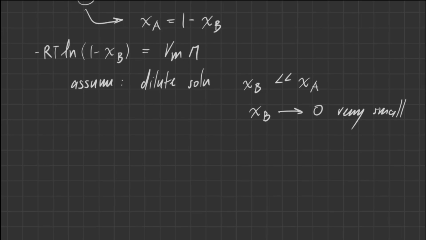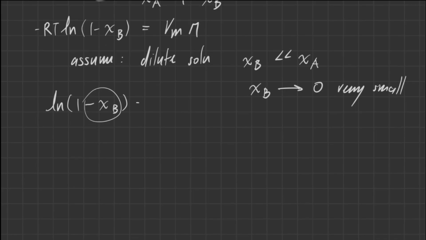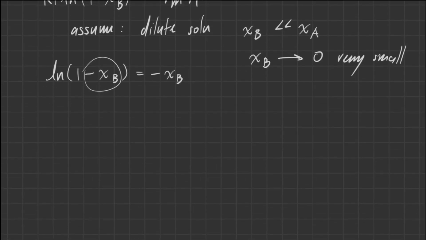So the approximation that we make here, that xB approaches 0, allows us to make the approximation that the natural log of 1 minus a really small number is going to be negative that really small number. It just makes sense. Here's the natural log plot.